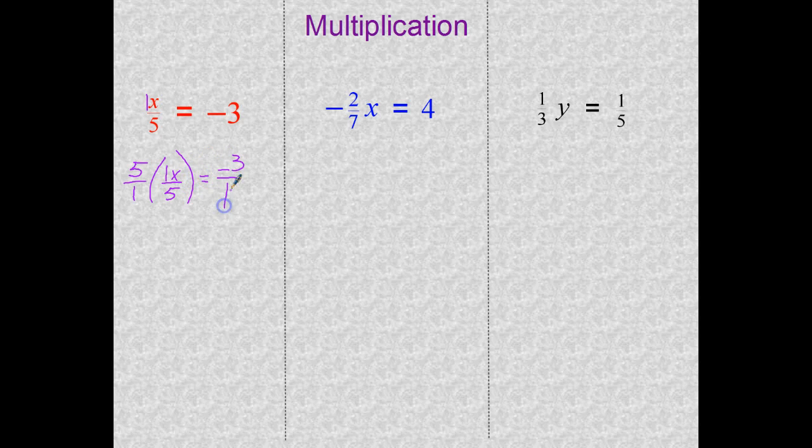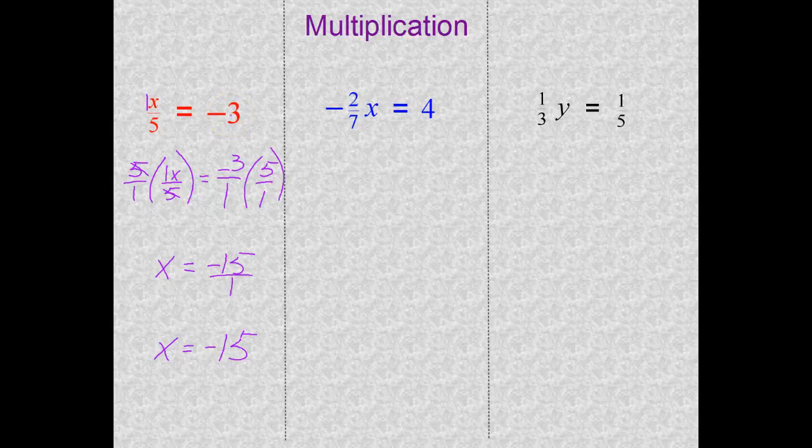So negative 3 multiplied by that reciprocal, which was 5/1. Your 5's cancel. You're left with your 1x. Multiply across, over 1, and then simplify. Okay, so we came up with the same answer. This was the longer way, but again, I wanted to prove to you that multiplying by the reciprocal will get you the same answer as your quick multiplication.